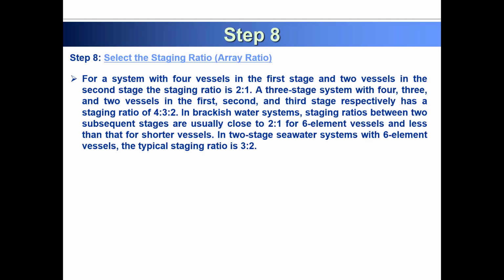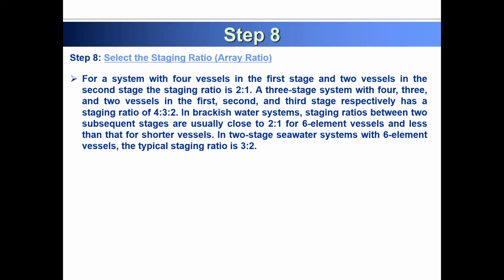So when you design your staging, for wastewater reuse, we like to have a 2-to-1 ratio. But for seawater desalination, we like to have a 3-to-2 ratio because of concentration polarization and high salinity, rather than 2-to-1.